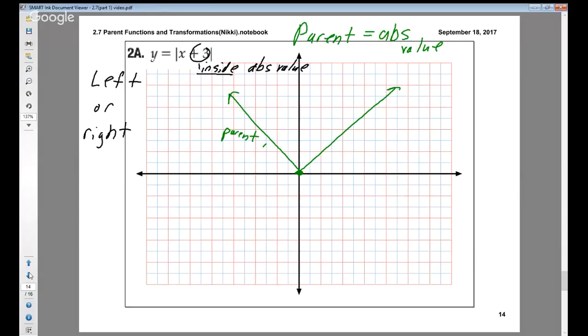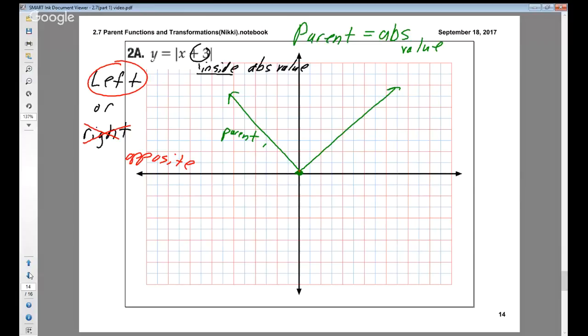And since it's a plus sign, you would think it would go to the right. But remember, it's the opposite of what you think. You think it's going to go to the right, but it's not. So in other words, we're actually going to go to the left 3 units.